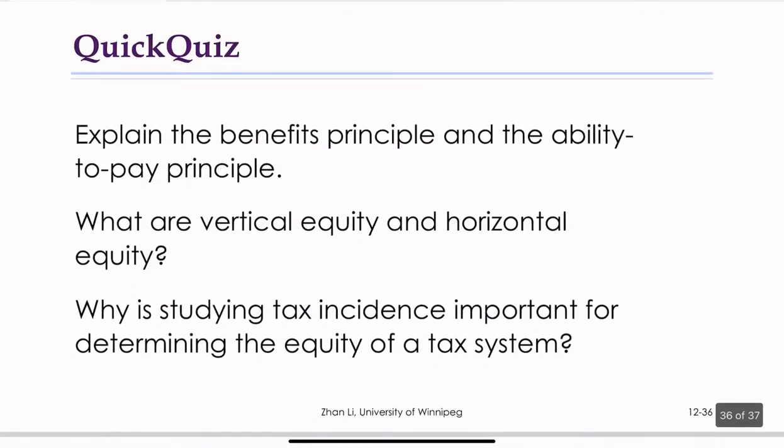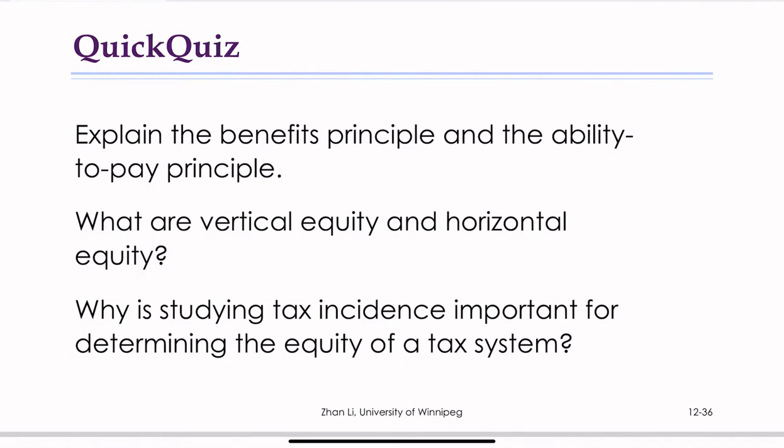Okay, now let's look at these simple questions. Explain the benefits principle and the ability to pay principle. Well, the benefits principle basically says if you enjoy larger benefits from public services, then you should pay higher taxes.